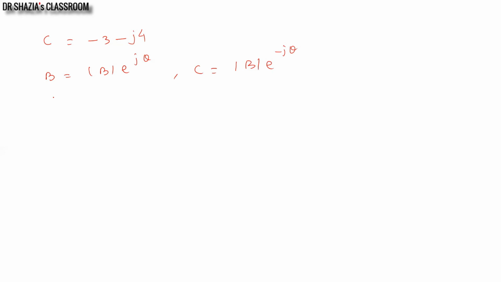So I will write these values as it is: -3 plus j4 or -3 minus j4. B I will first write. So -3 plus j4 can be written with magnitude square root of 3 square plus 4 square, e to the power j tan inverse 4 by minus of 3, which is 5 e to the power j 126.9 degrees.